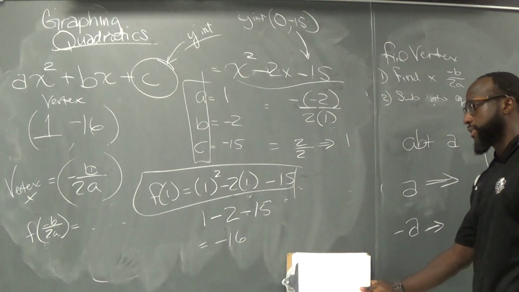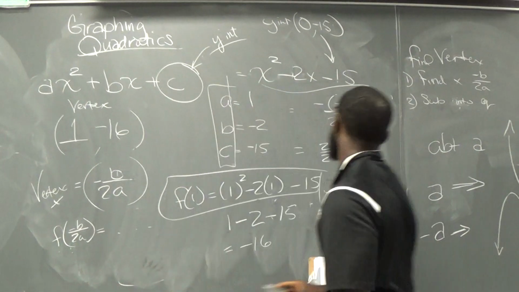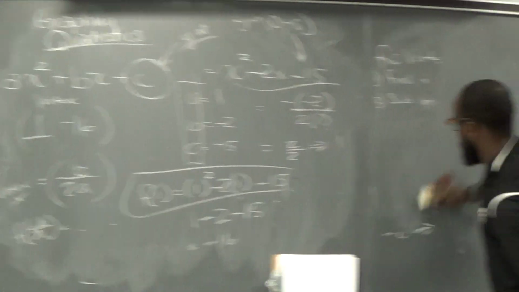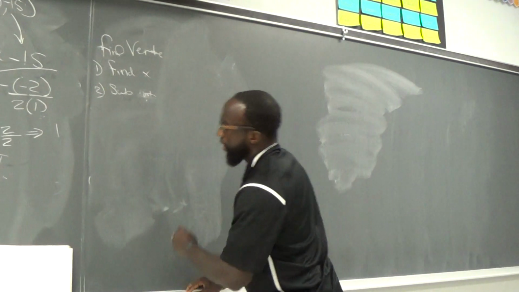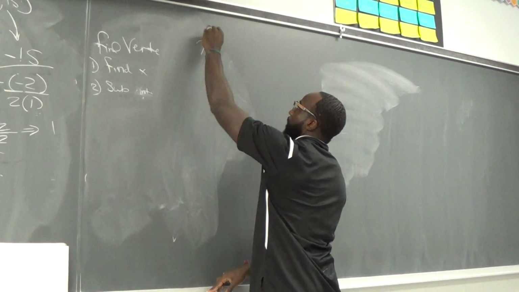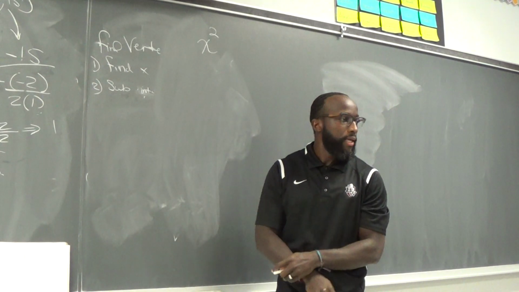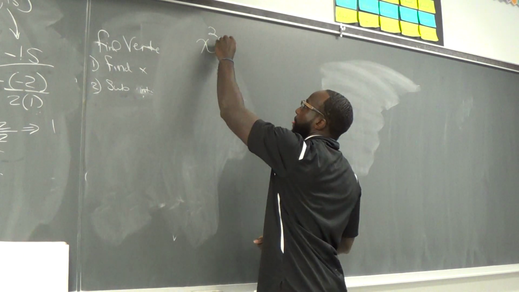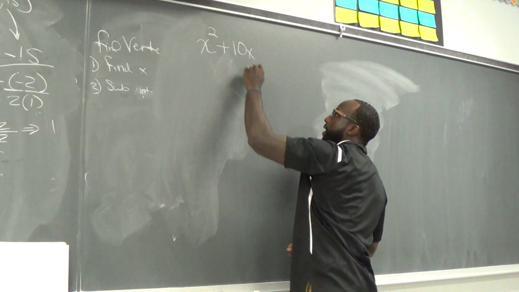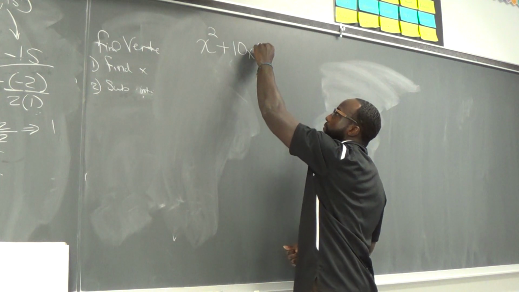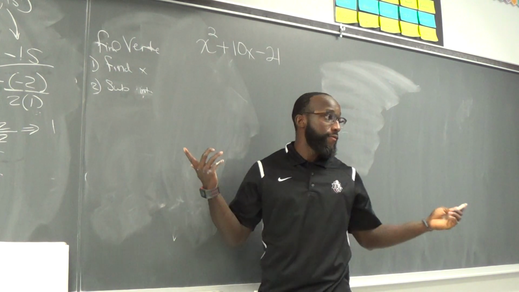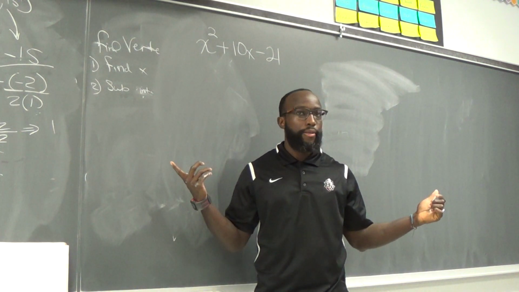Let's find the vertex again. Give me an equation: x squared plus 10x minus 21.